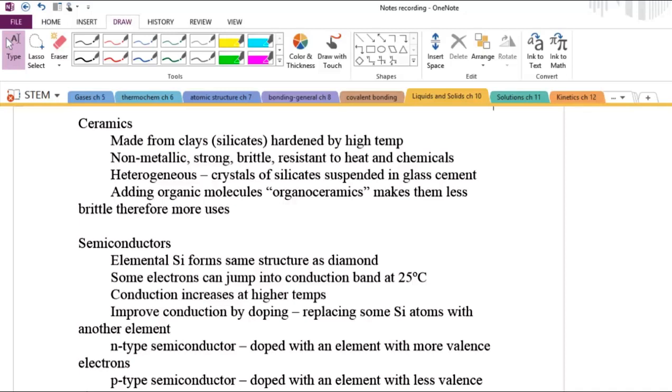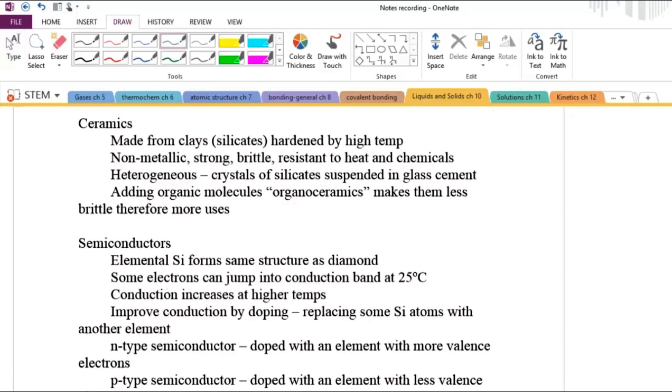We also have semiconductors. And semiconductors are things that conduct electricity, but not like metals. And we can change them.